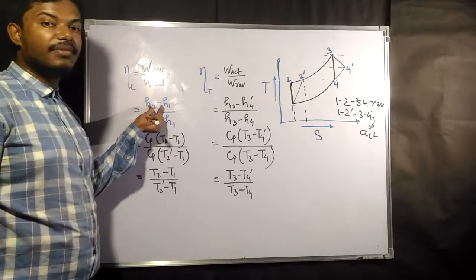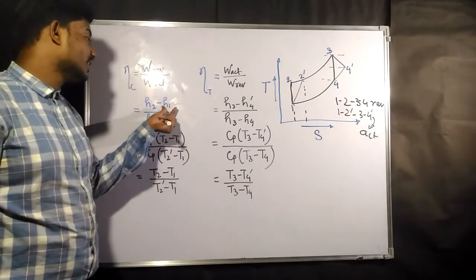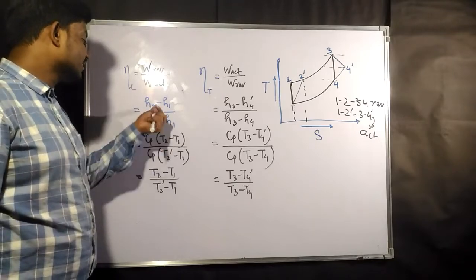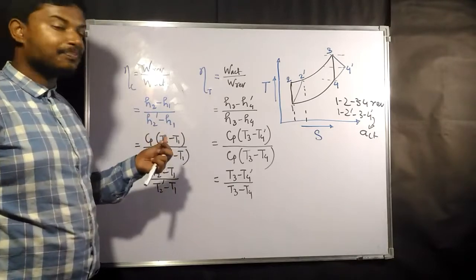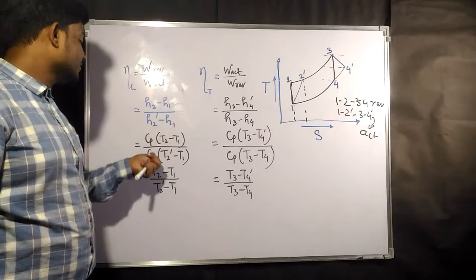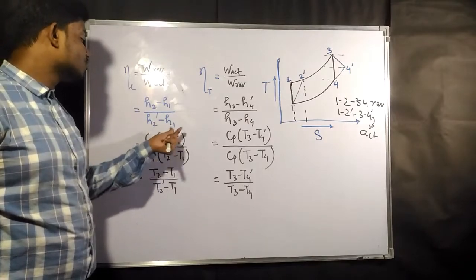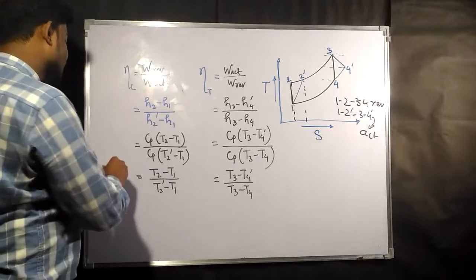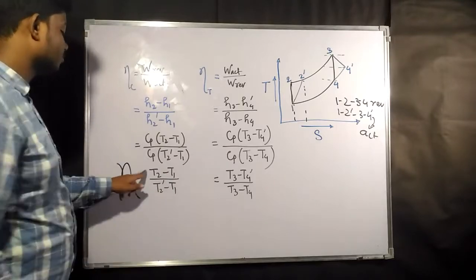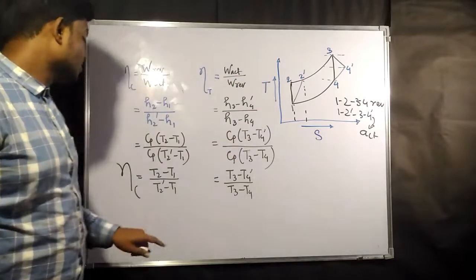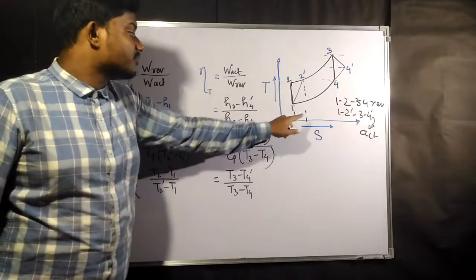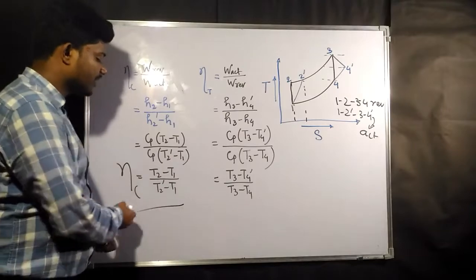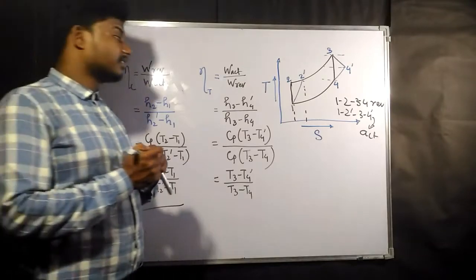For H2 the value is Cp times T2, for H1 it is Cp times T1. Taking Cp common, the remaining thing is T2 minus T1. In the denominator again Cp is common, the remaining thing is T2 dash minus T1. That means the isentropic efficiency of the compressor is T2 minus T1 divided by T2 dash minus T1.